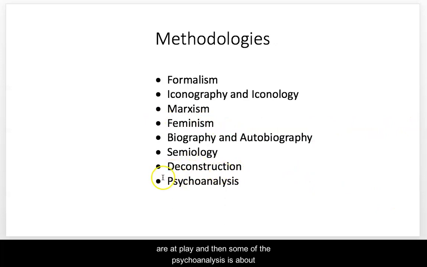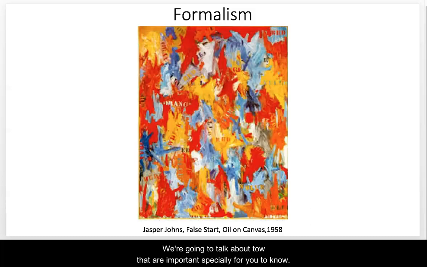And then psychoanalysis is about Freud's ideas about dreams and psychology, and deconstruction is a critique of history and things that have gone before. So some of these are more modern, contemporary ways, and not necessarily as long standing in the history of art, because there are art critics that go all the way back to Greco-Roman times, and a lot of these they wouldn't necessarily have used, but we're going to talk about two that are important, especially for you to know.